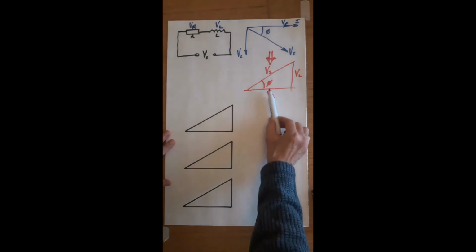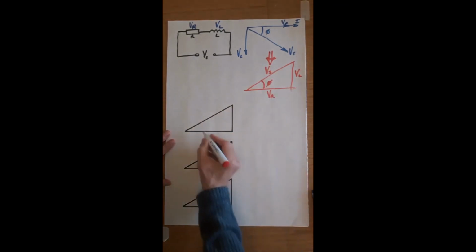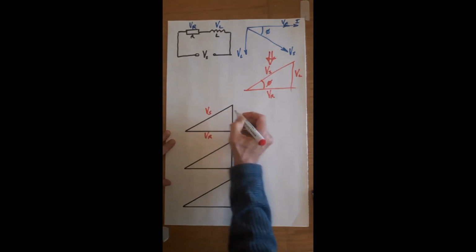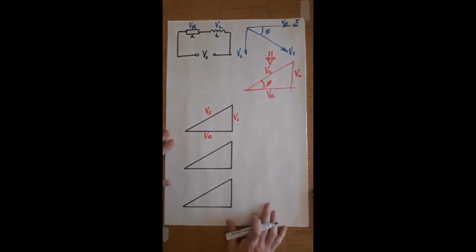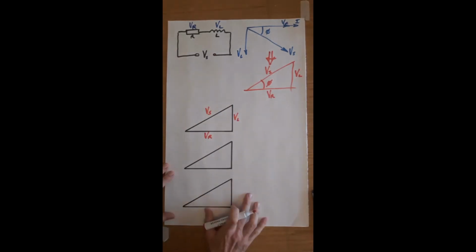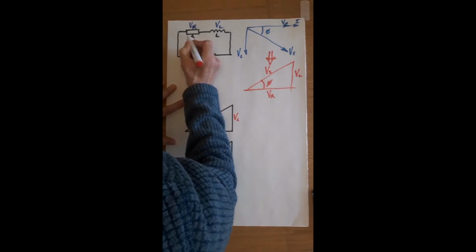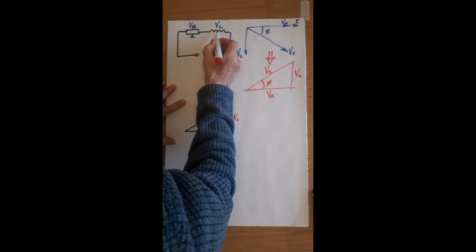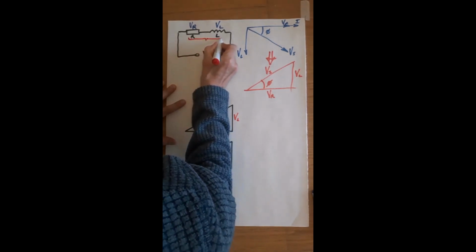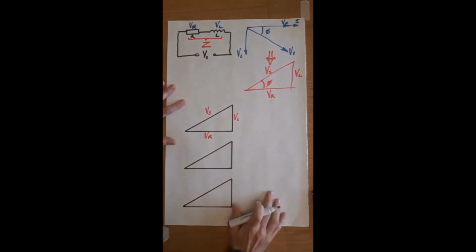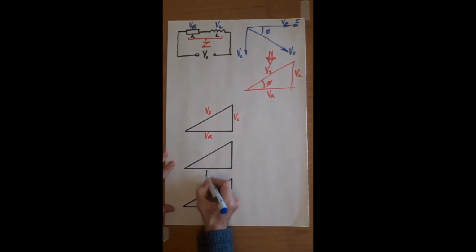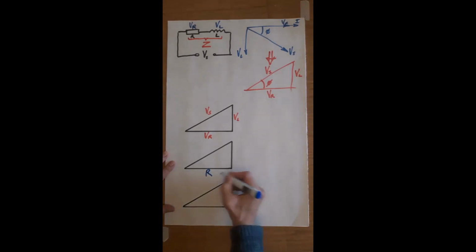So the first step is if we use these voltages, we have VR, VS, and VL. For this same circuit, we have resistance, we have reactance, and the combination of those gives us impedance. So if I come down to this circuit, resistance always the horizontal one, reactance up the side, and impedance is our result.